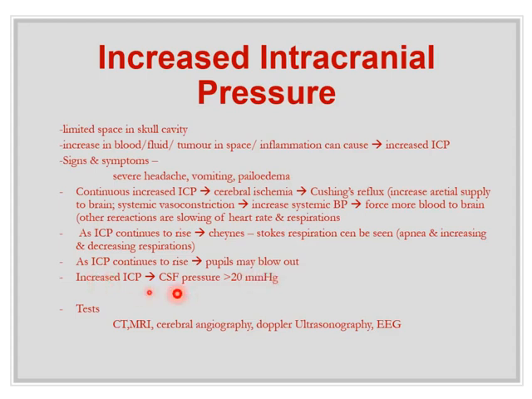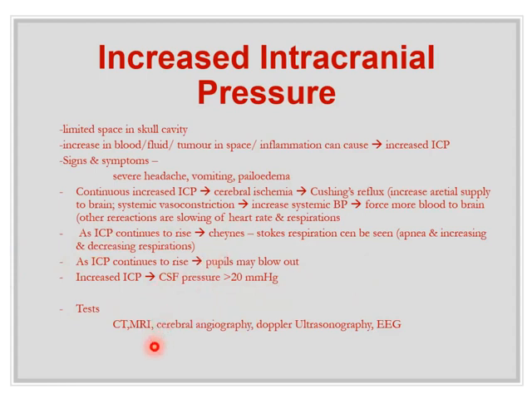When we say pupils are blown out, most probably the individual is going to lose the cerebral activities, is going to die. Okay, the brain is going to die. Increased intracranial pressure is generally diagnosed when the CSF pressure is greater than 20 mmHg. That's the parameter.